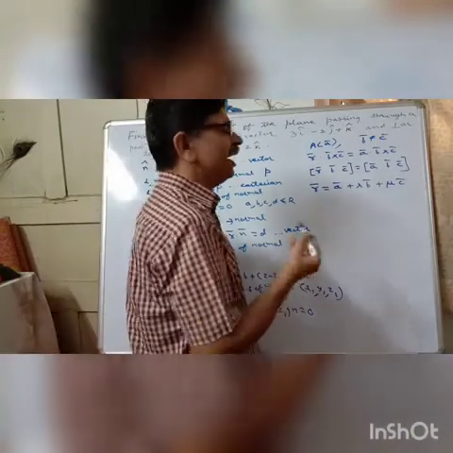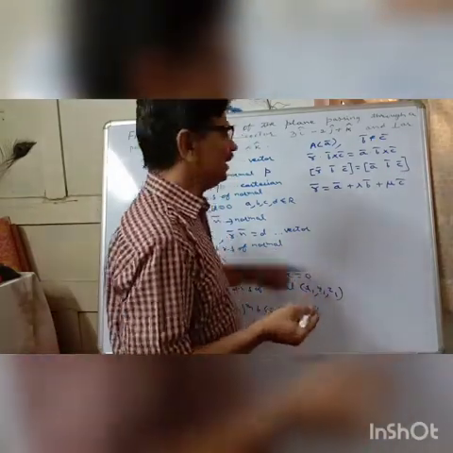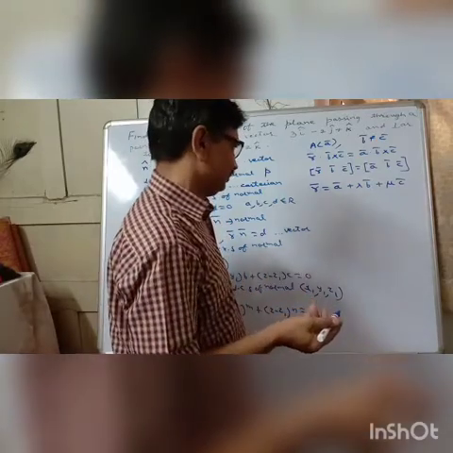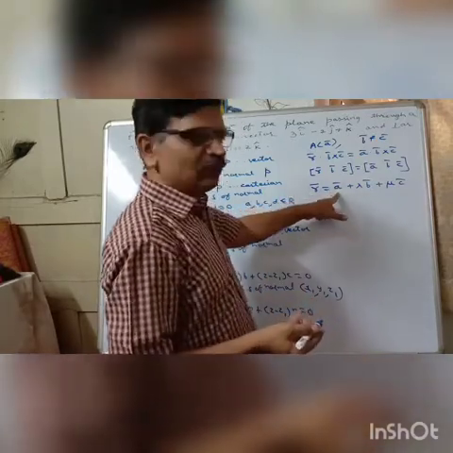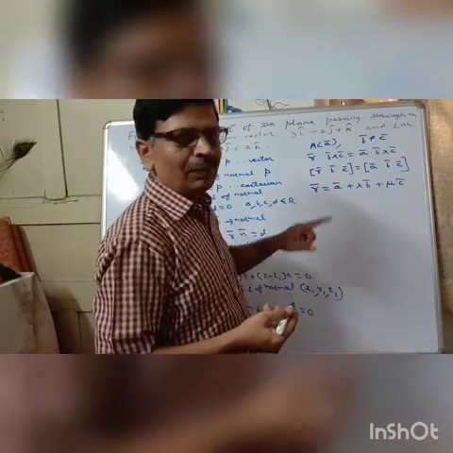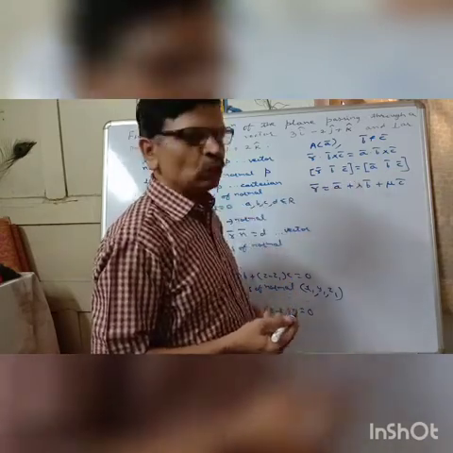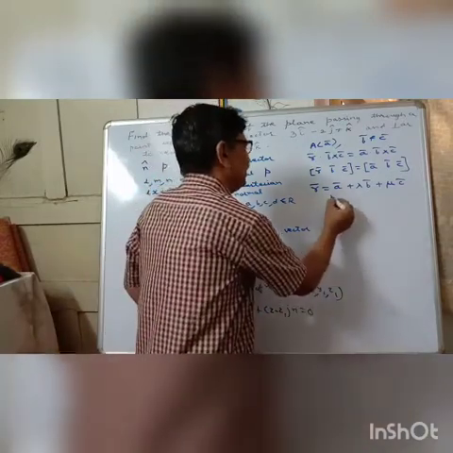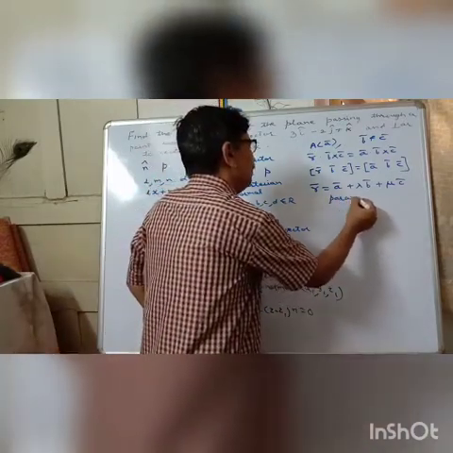Here lambda and mu are scalar quantities. They are also known as parameters. Now this equation of plane is also in vector form, but here lambda and mu are scalar quantities, parameters. So this equation is in parametric form.